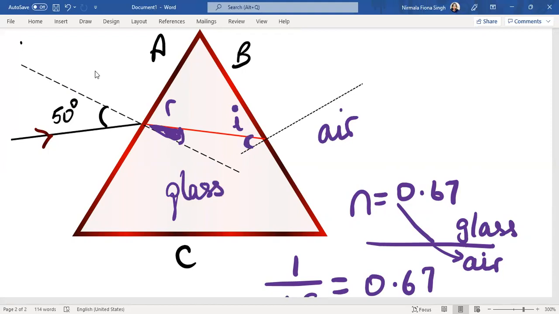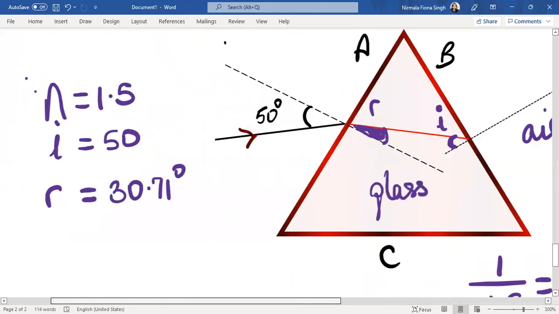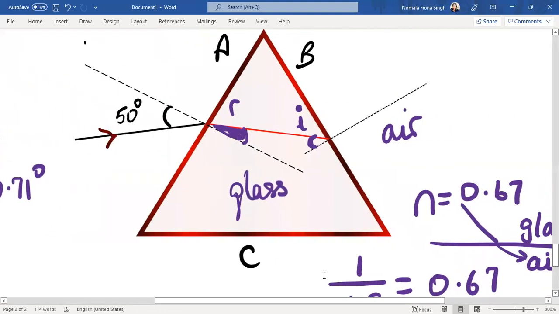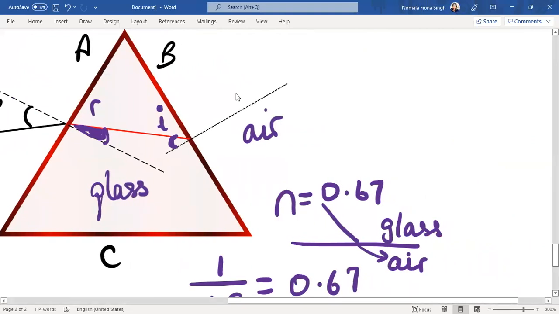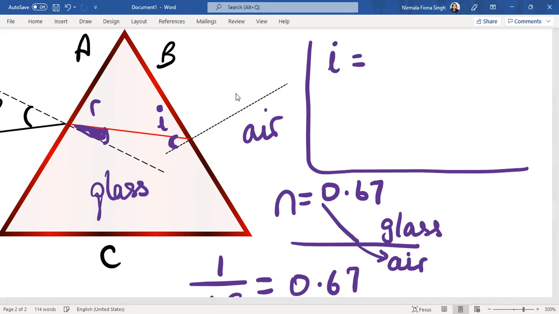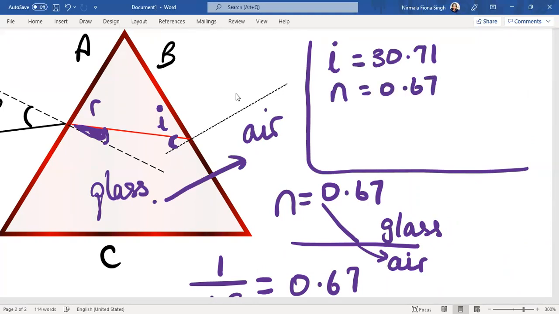My angle of incidence here is the angle we worked out before, which was how much? 30.71. So this means your I is 30.71. My refractive index of moving out of glass and into air, N, will be 0.67.